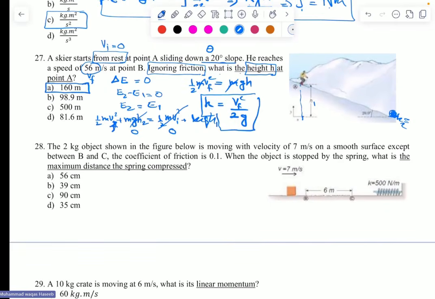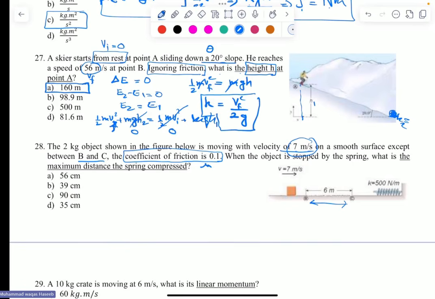Question number 28. The 2 kilogram object in the figure shown is moving with the velocity 7 meters per second on a smooth surface except points B and C. Here these points B and C have friction, and the coefficient of friction mu is 0.1.